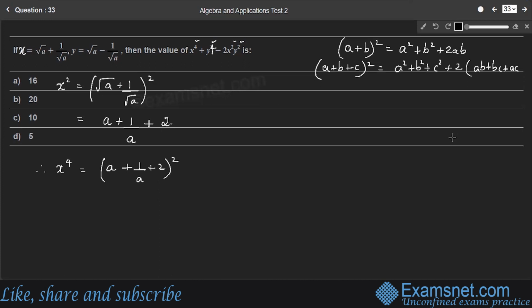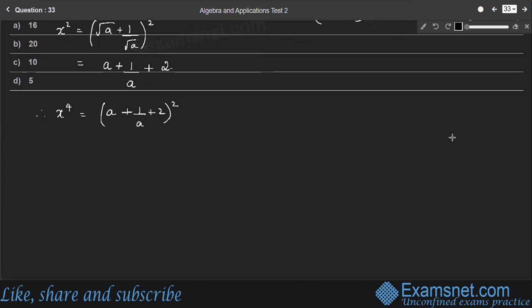Very simple formula, so apply the same rule. A square becomes a square, b square becomes 1 by a square, c square becomes 4, plus 2 times: ab becomes a into 1 by a, which is 1, plus bc becomes 2 by a, plus ca becomes 2 times a.